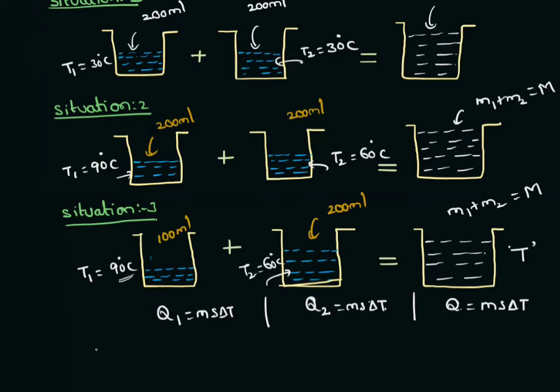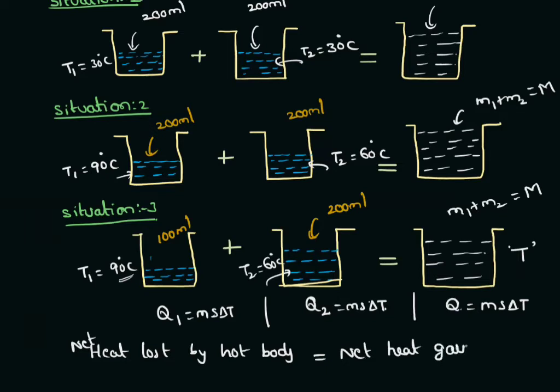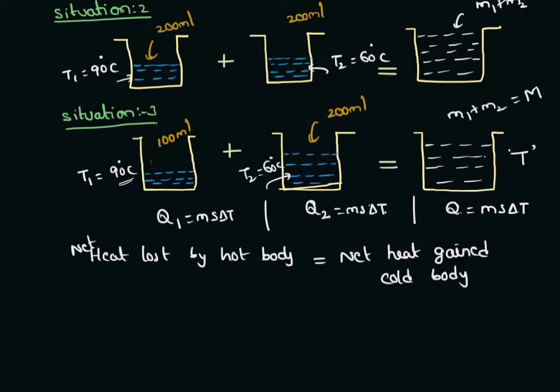That's why heat lost by the hot body, that is the net heat loss, remember, equals the net heat gained by the cold body. So what is the amount of heat transfer taking place, right?